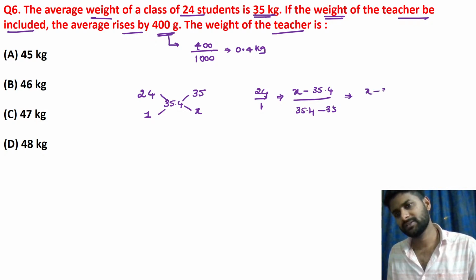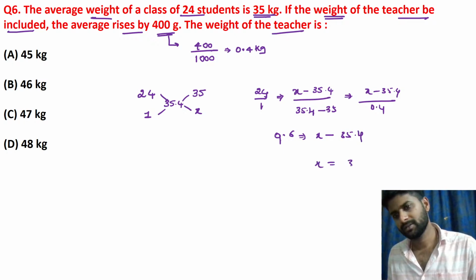So here x minus 35.4 divided by 0.4. 0.4 into 24 becomes 9.6, which is exactly equal to x minus 35.4. Here the value is 35.4 plus 9.6.